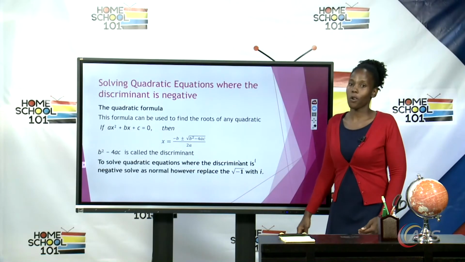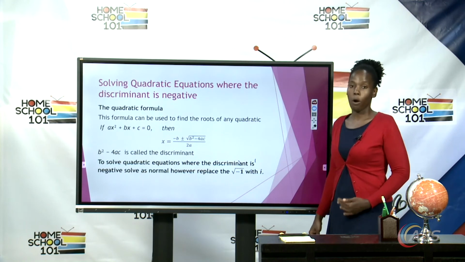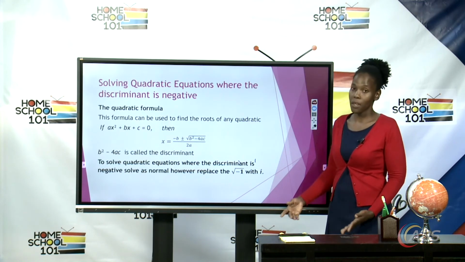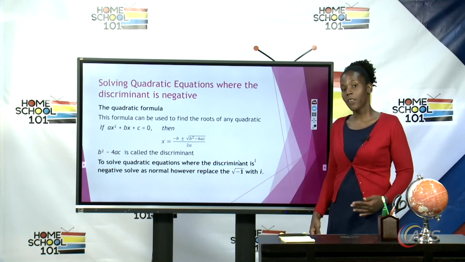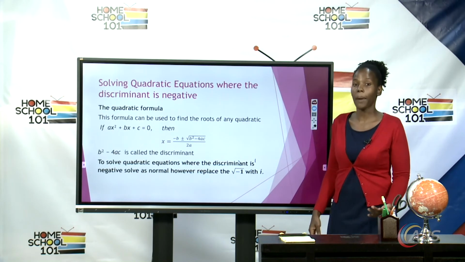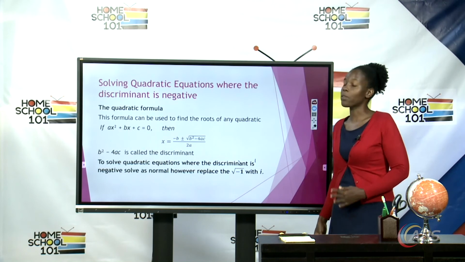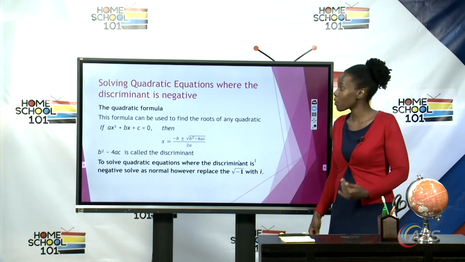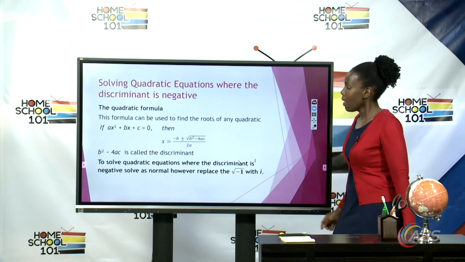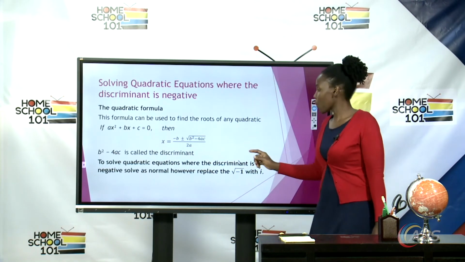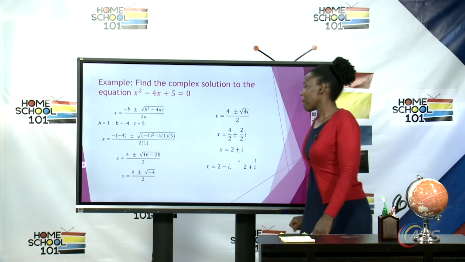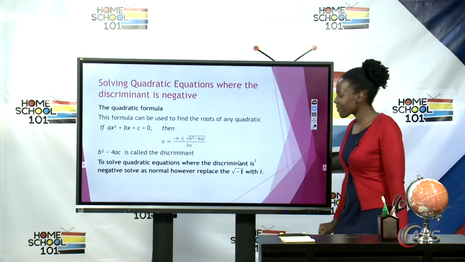Now, a key thing to note when we look at other equations, we need to know how to differentiate between finding complex solutions as opposed to finding the solutions for a normal quadratic equation. And we will look at the discriminant, the portion under the square root sign, which is b squared minus 4ac.